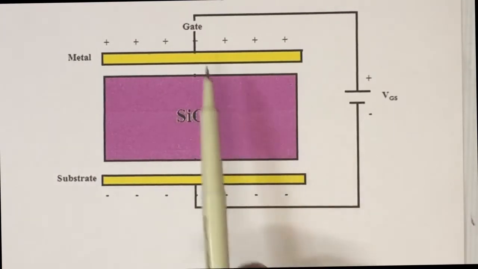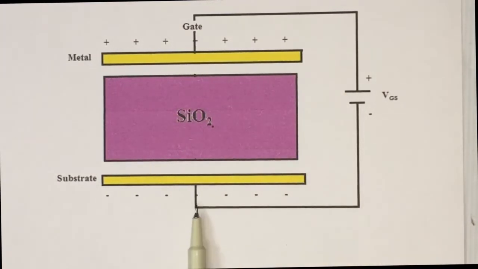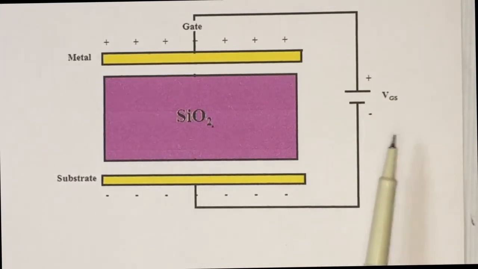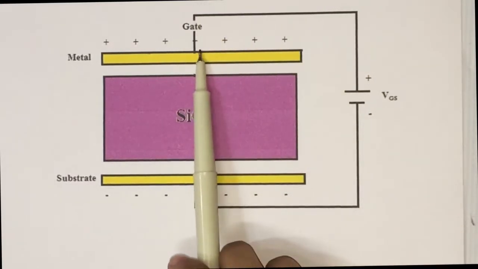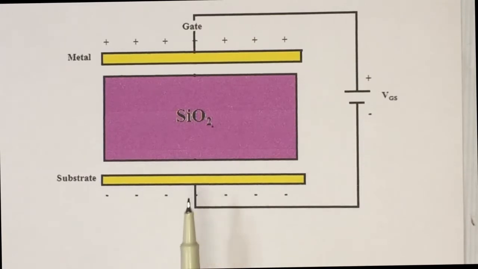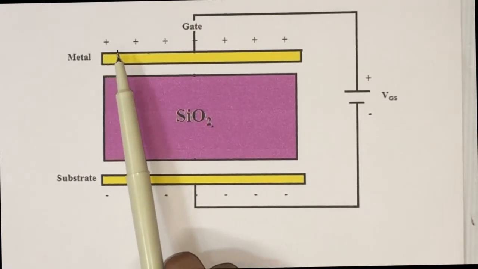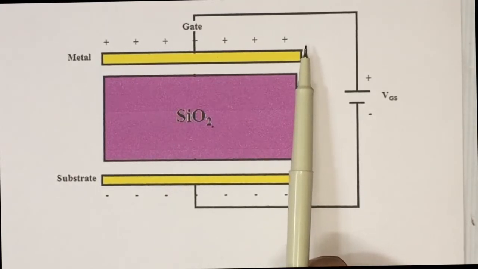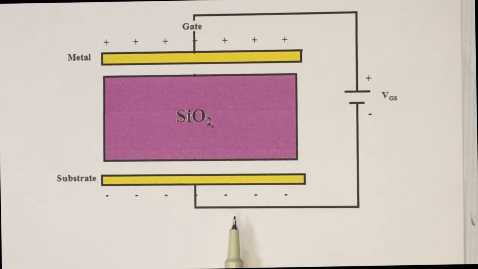Here in this figure, this is the gate terminal and this is the substrate terminal. With the help of an external battery, we provide the positive potential to the gate and the negative potential to the substrate. Due to this, positive charges start to accumulate over the metal plate connected to the gate, and negative charges start to accumulate over the metal plate connected to the substrate.